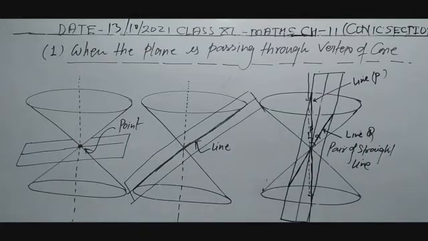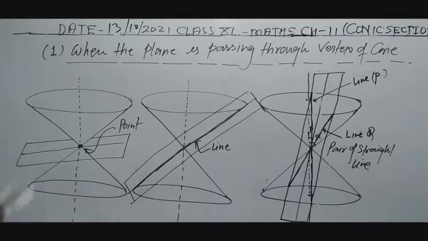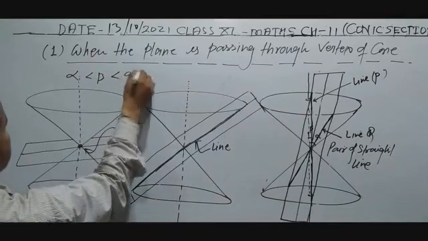Now these are the degenerate conic sections. The following three cases arise: the plane which does not cut the cone, or which only touches the cone, or cuts the cone at the vertex. In the first case we have considered beta greater than alpha and less than 90.